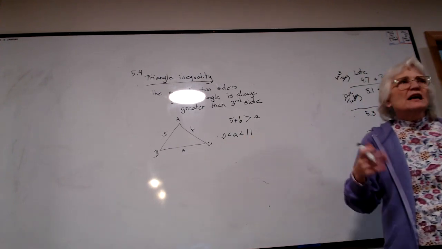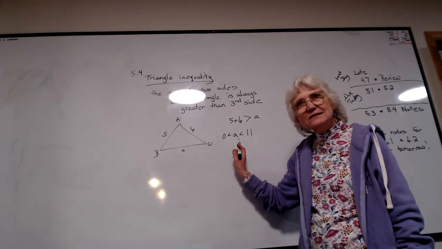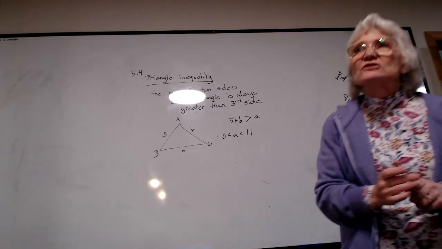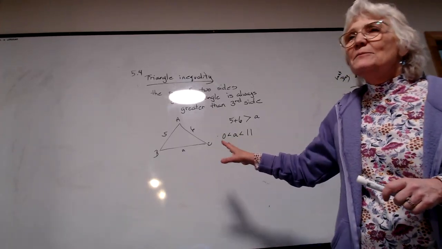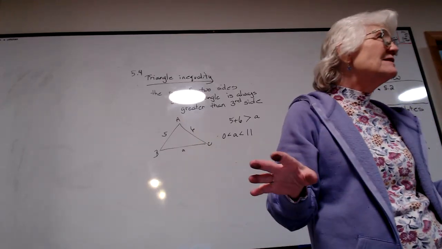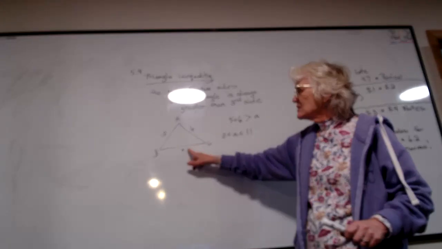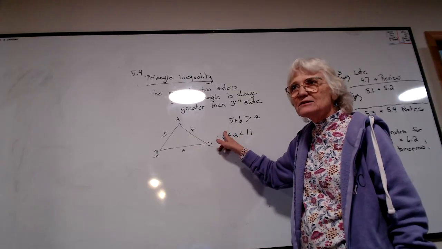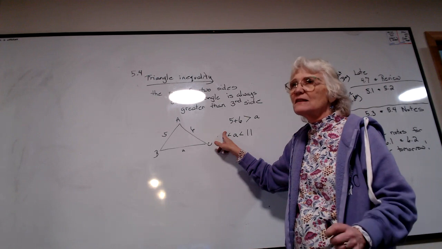If you start doing calculations and come up with something bigger than this, it tells me your calculations are incorrect. That's one of the reasons I like this, because when people use the Pythagorean theorem, I see all sorts of things. If you add it up and A is greater than these two sides, you've made a mistake in your calculations with the Pythagorean theorem.